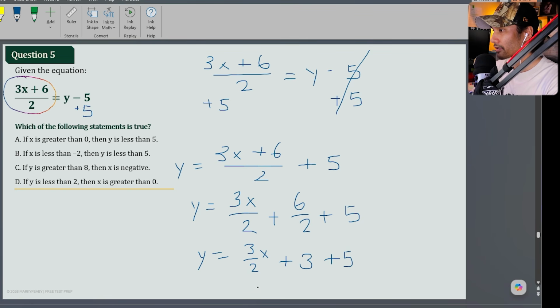Now what's 3 plus 5? That's 8. So our final simplified equation is y is equal to 3 halves x plus 8. This is our simplified equation that we will be working with. So I'm going to write it over here. y is equal to 3 halves x plus 8.